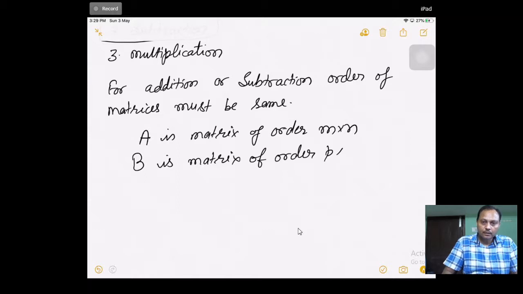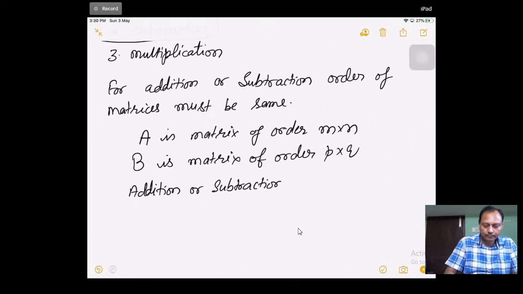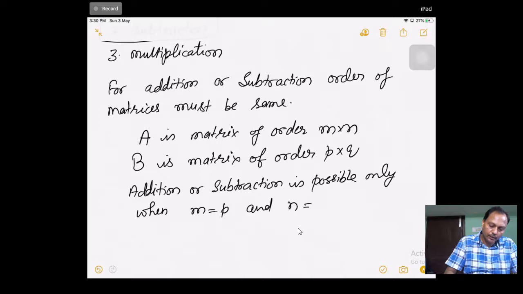The addition or subtraction is possible only when m is equal to p and n is equal to q.